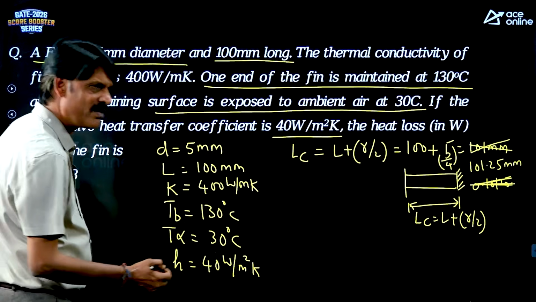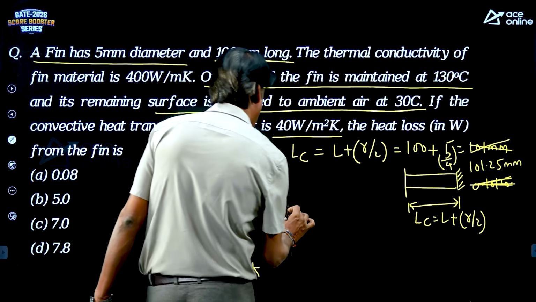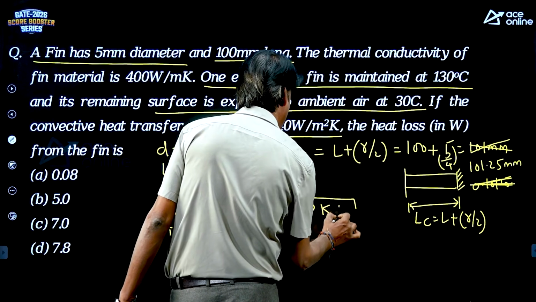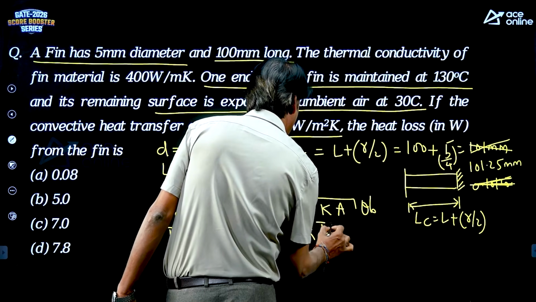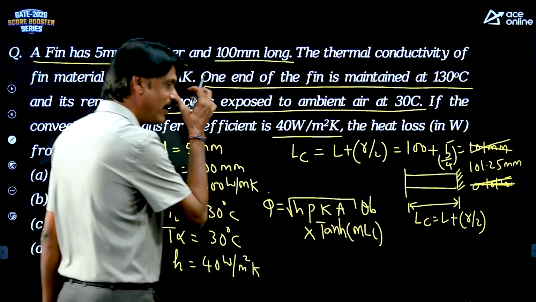He is asking what the heat loss is. So heat loss is equal to under root of h into P into k into A into theta b, into tanh of m into LC.